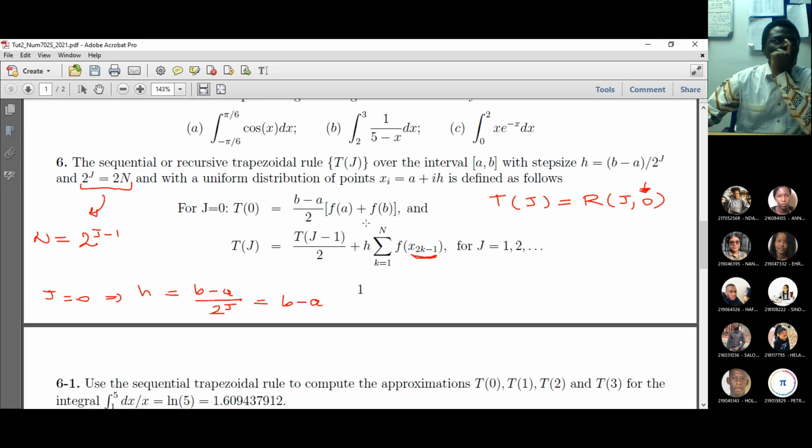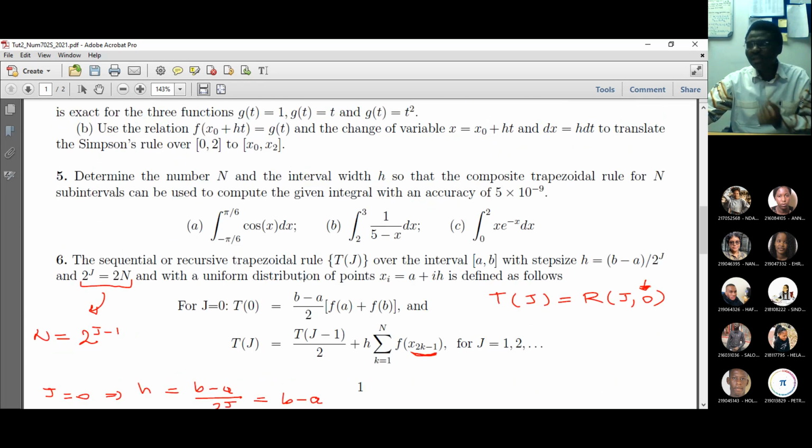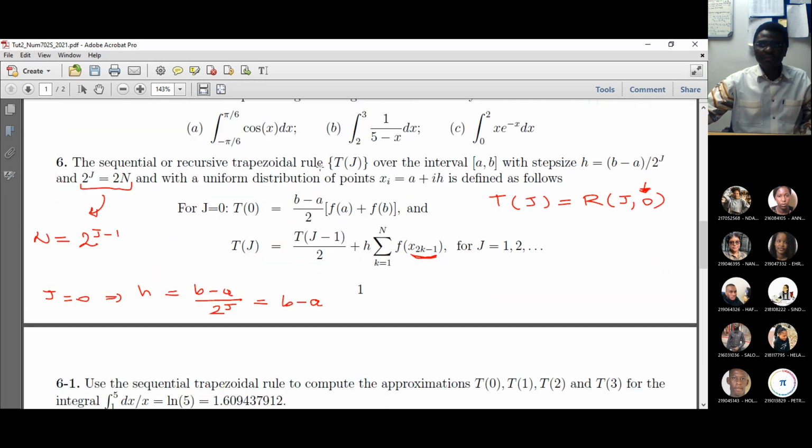Now, if you recall what we did in the tutorial, each time we took this h, we halved it, and then the number of function evaluations changed, and then we substituted and computed. That's how we obtained the values in the first column. That is exactly the same thing we are doing here, but we are using a more simplified formula.